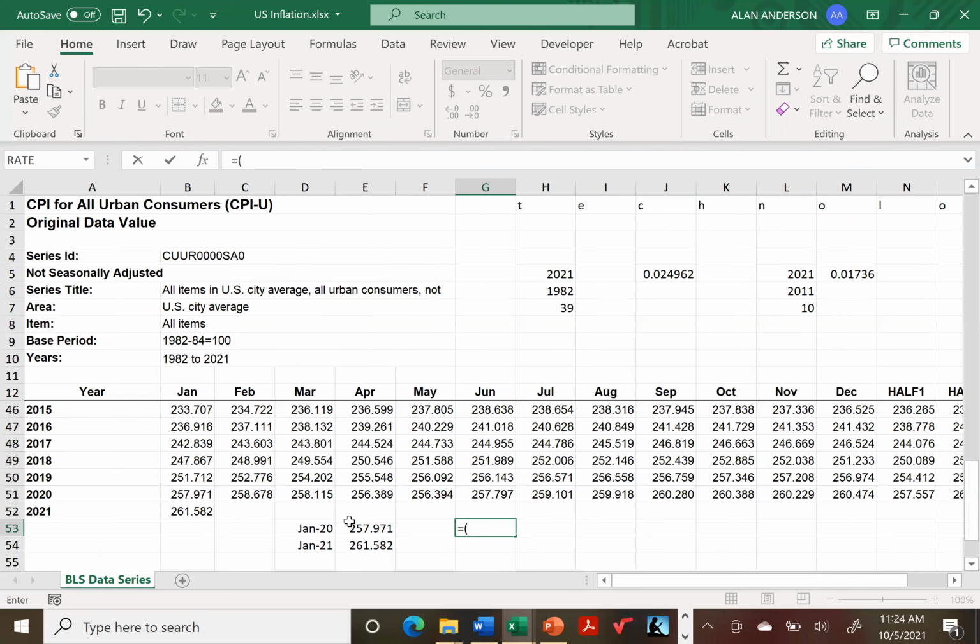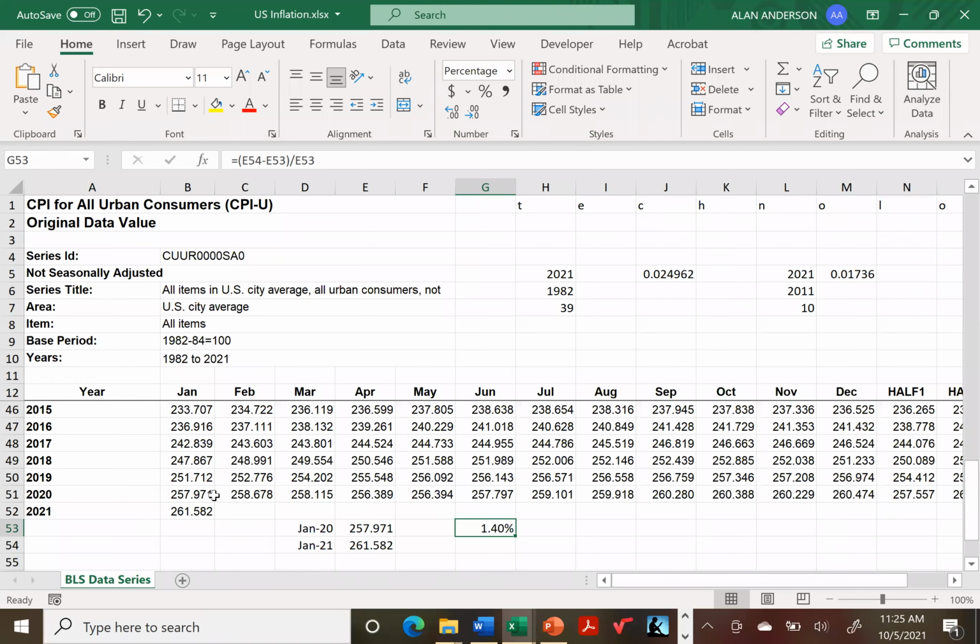That would be the January 21 number minus the January 20 number over the January 20 number. And so that's approximately 1.4%, which means the inflation rate from the beginning of January 2020 to 2021 is about 1.4%. That's how much inflation was during that year.